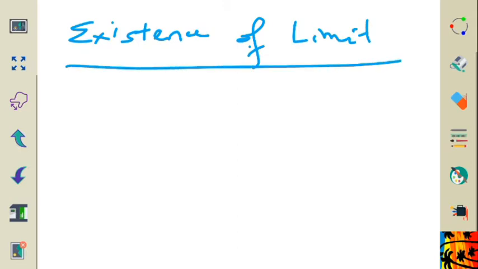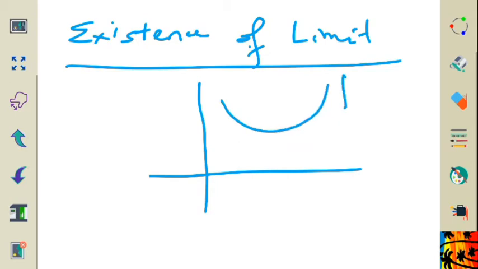As we know, when I draw a graph, suppose this is the graph, right? And I have a curve f of x, then suppose this point is x. In the neighborhood, if I take very close, actually this height itself is nothing but, look at this, height is called limit.